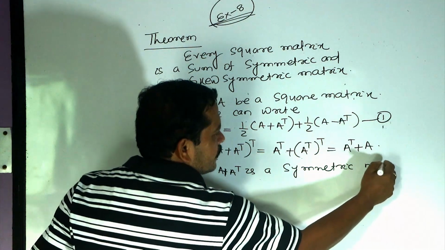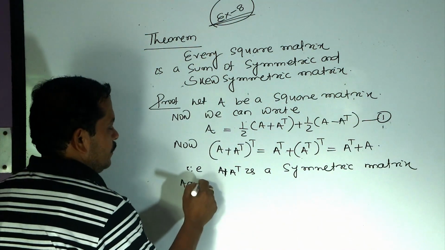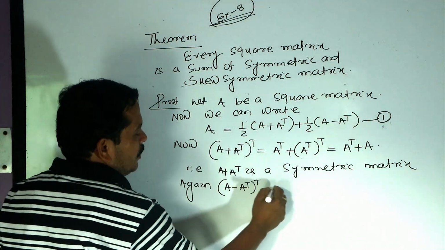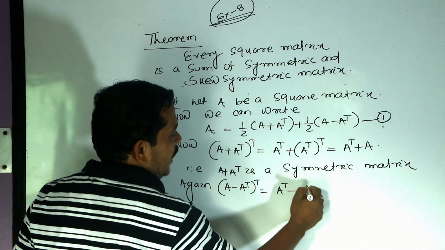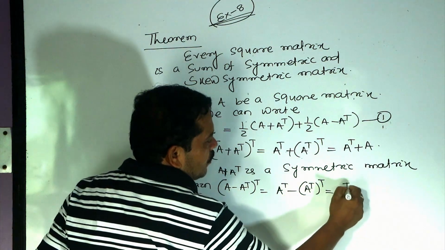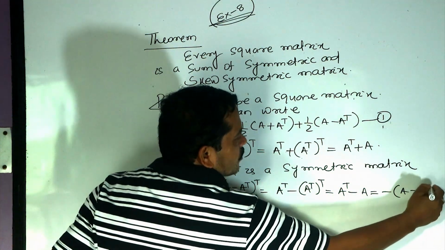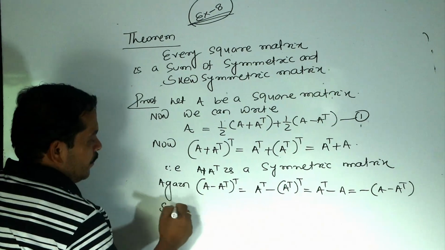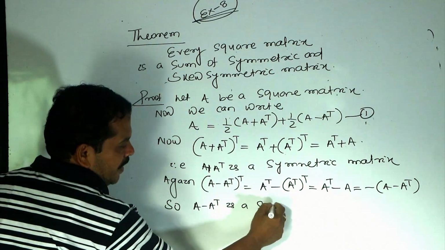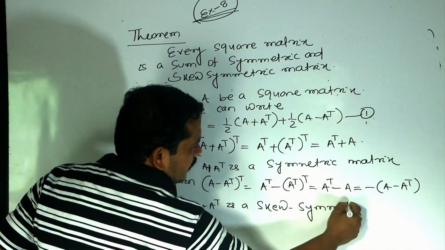Again, A minus A transpose, whole transpose, equals A transpose minus A transpose transpose, which equals A transpose minus A. That equals minus of A minus A transpose. So A minus A transpose is a skew symmetric matrix.